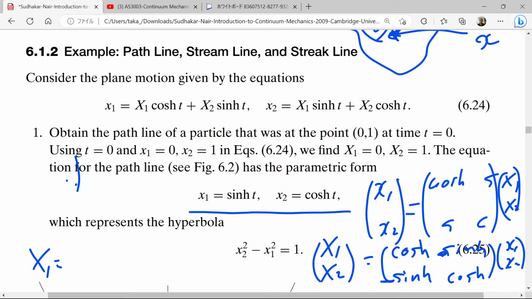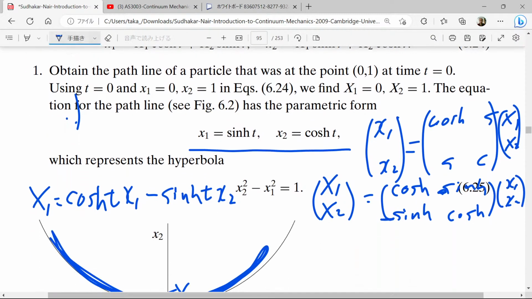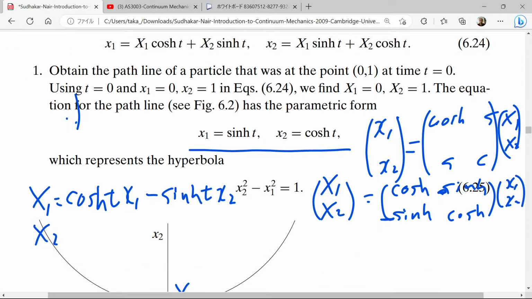Anyway, so we have x1 is cos t x1 minus sinh t x2. Then let me delete this. Then we have x2 is minus sinh t x1 plus cos t x2.